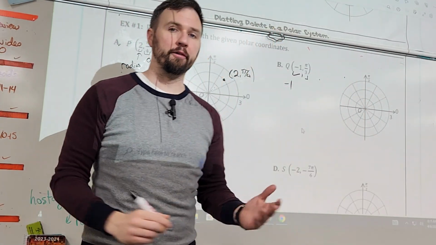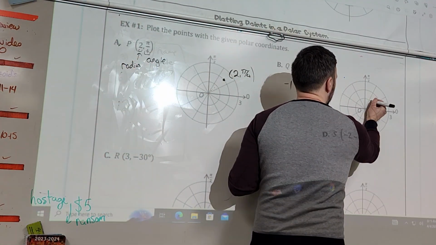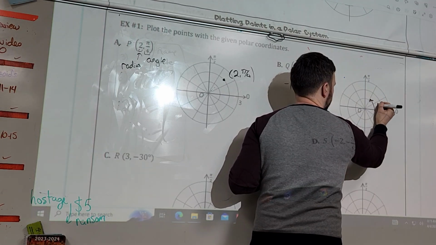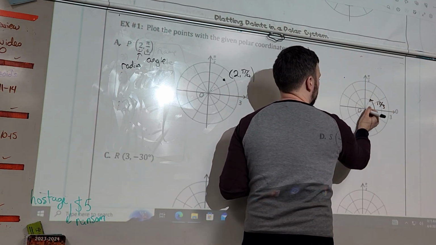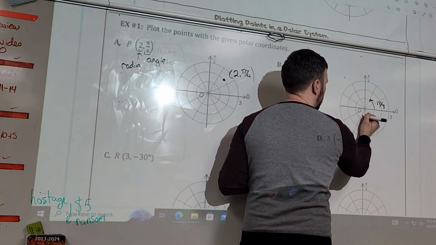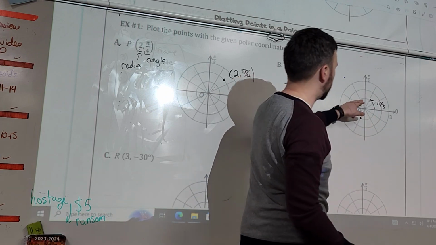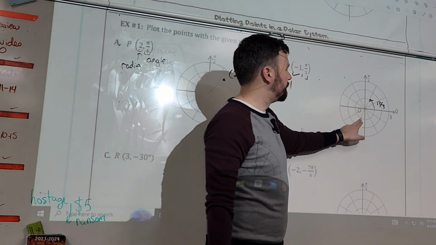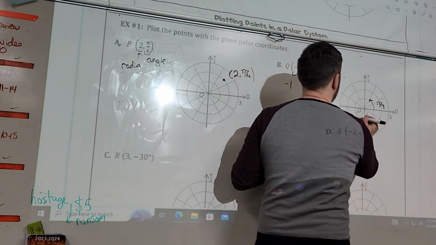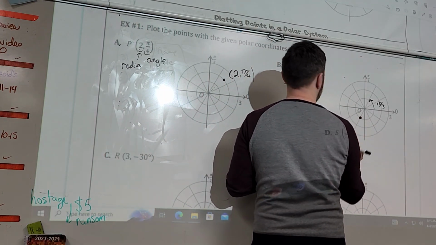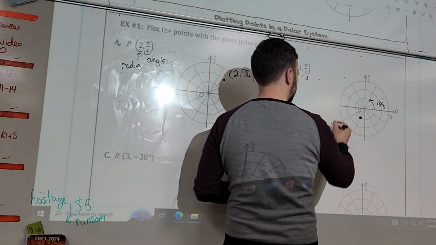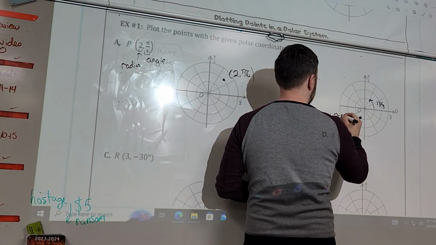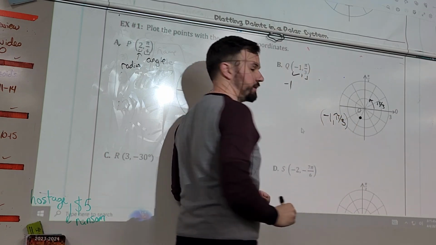I don't go right, I go left. So I'm going to go over pi over 3. And then instead of going up 1, I'm going to go down 1. You know what I mean? That'd be (1, pi over 3). But I want to do (-1, pi over 3). Okay?